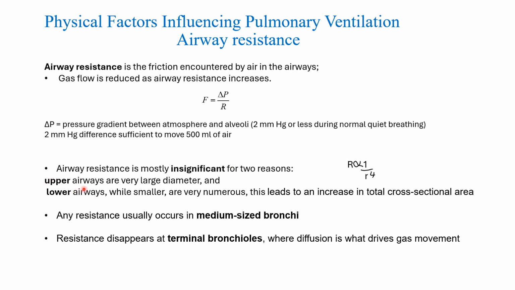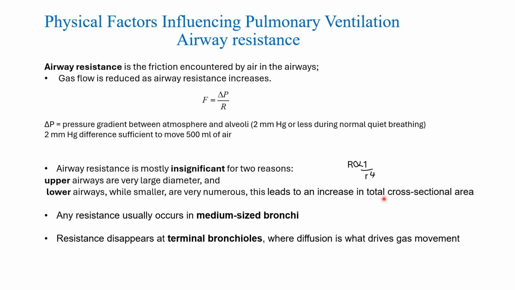So now, the upper airways are very large. The trachea and the main bronchi and then the bronchi are very large. So because of that, the resistance becomes insignificant, because their radius is quite large. And then the lower airways, although they are smaller and have a small radius, are too many of these. They are in millions.